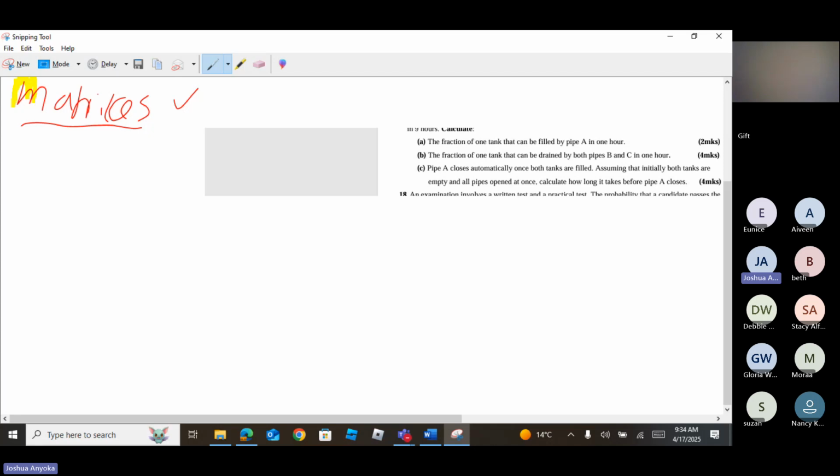Matrices is very simple, but one aspect we are supposed to know is that matrices actually start from multiplication. So we are supposed to know how to multiply.